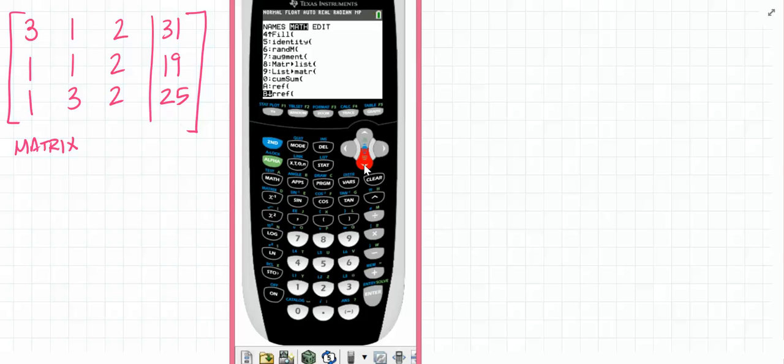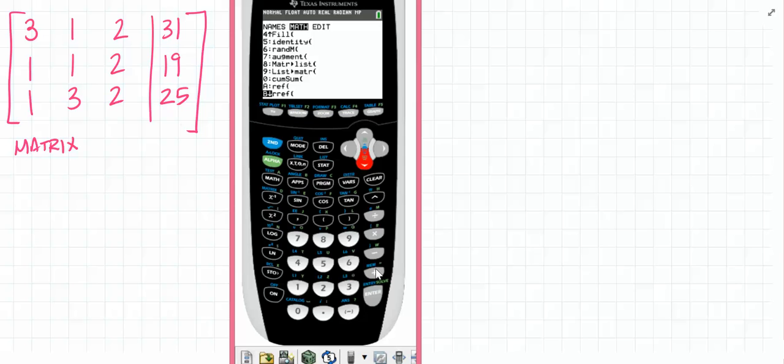Now, this one right here, RREF, this thing is the golden nugget of matrices, all right? I'll tell you what I mean by that right now. So if we do RREF, by the way, the extra R stands for reduced row echelon form, okay? So if I hit enter, the calculator again is asking me for reduced row echelon form of what?